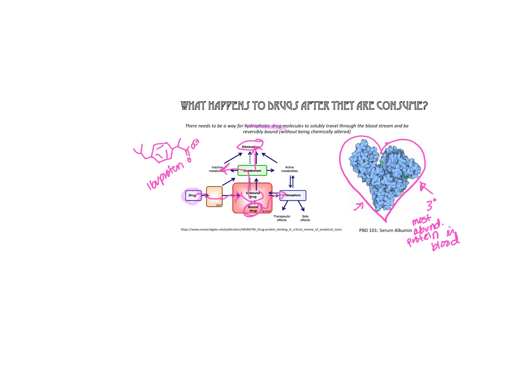And before I move forward, this process has to be reversible, meaning that when said drug molecule, let's say ibuprofen, attaches to serum albumin, when it gets to its location, that ibuprofen has to leave serum albumin and it still has to be ibuprofen after it's left. Serum albumin cannot chemically alter it because then it's a different drug and it could be inactivated.